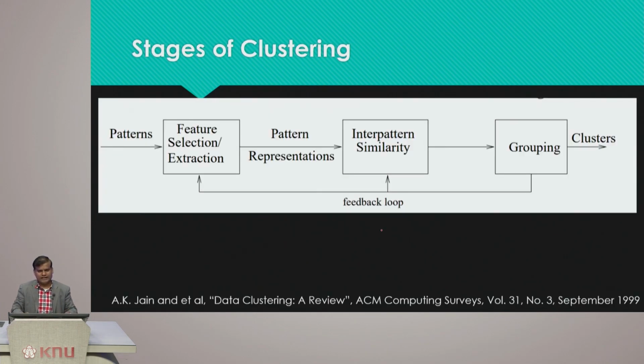Okay, so these are the stages of clustering. Here, we input your object or your file; in our example we are going to input the article as the input, and you are asked to extract certain features.